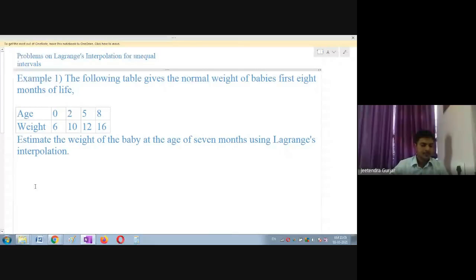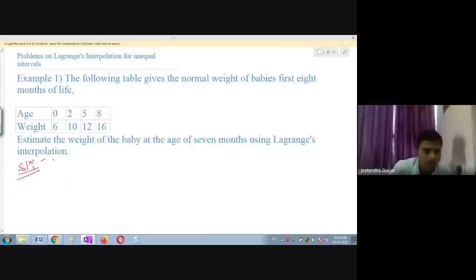So please write down the problem, students. Here we have the table. Step 1: arrange properly in terms of x0, x1, x2 and x3, y0, y1, y2 and y3.